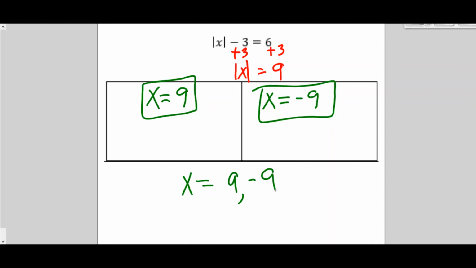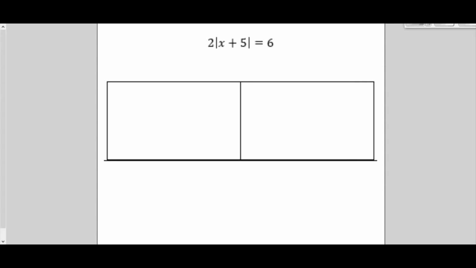Let's do another example. So I have 2 times the absolute value of x plus 5 equals 6. So remember, you got to make sure that the absolute value is all by itself. You can have stuff inside the absolute value, but not outside. So for example, in this one, the 2 is out front. So to get rid of the 2, I'm going to divide everything by 2.